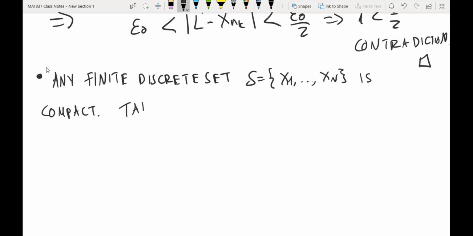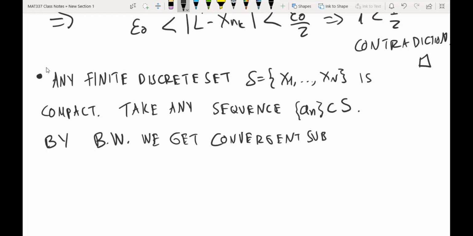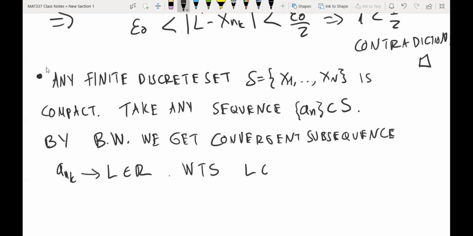Again, take any sequence a_n in S. By Bolzano-Weierstrass, we get a convergent subsequence a_{n_k} going to L in R. Then we want to show that L is in S. And the proof is the same.